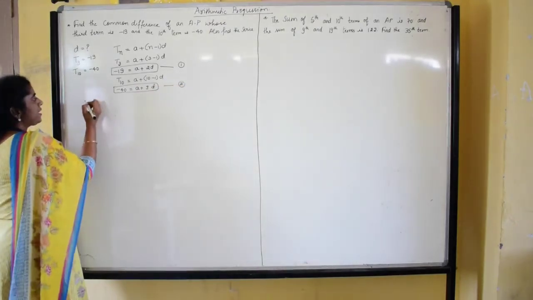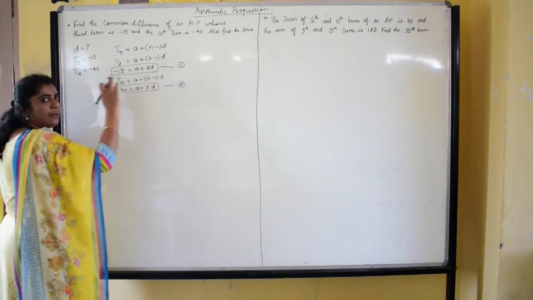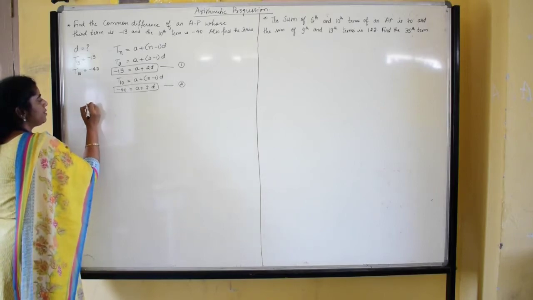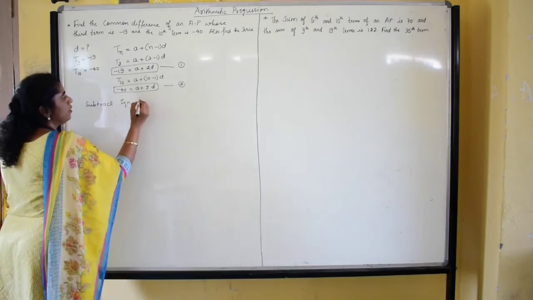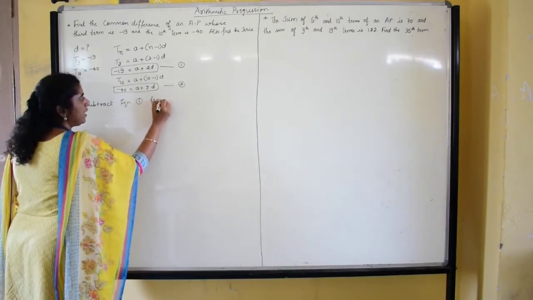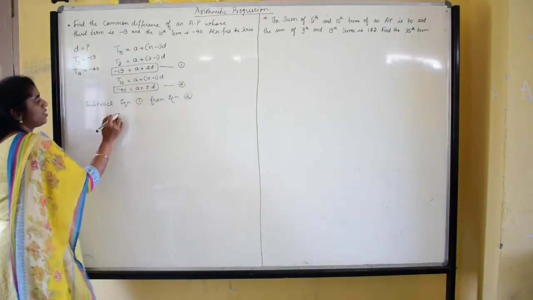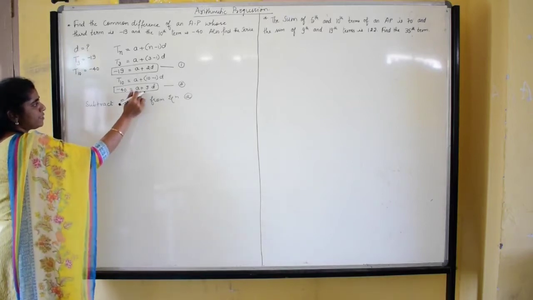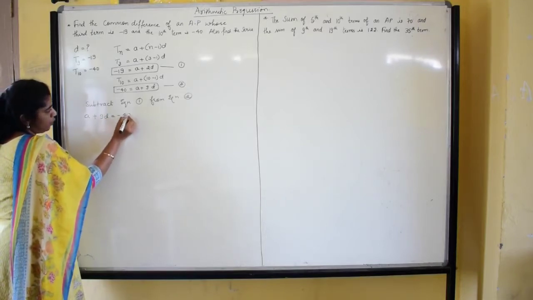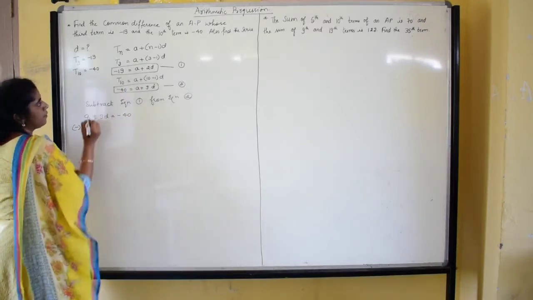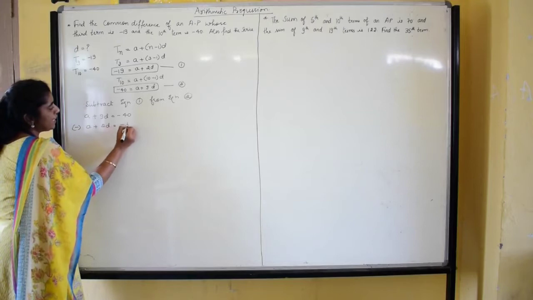Now subtract equation 1 from equation 2. Take the second equation first: A plus 9D is equal to minus 40, minus equation 1, A plus 2D is equal to minus 19.